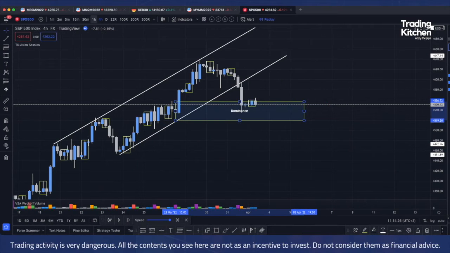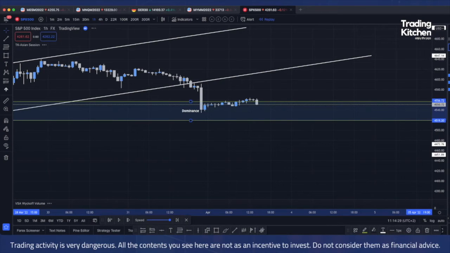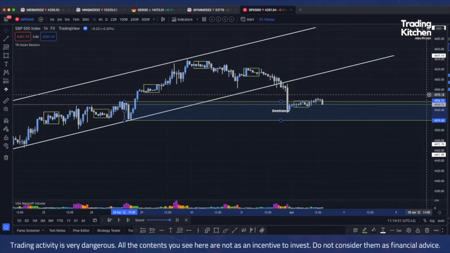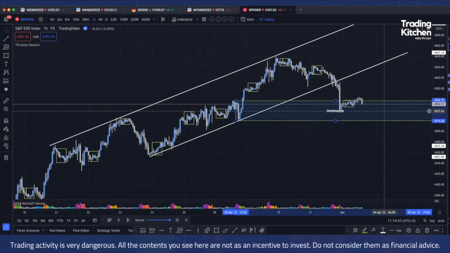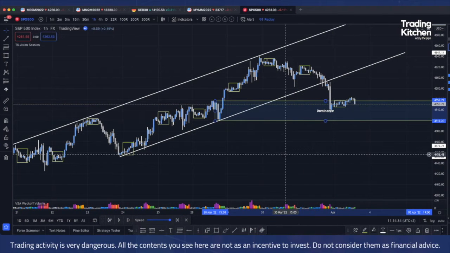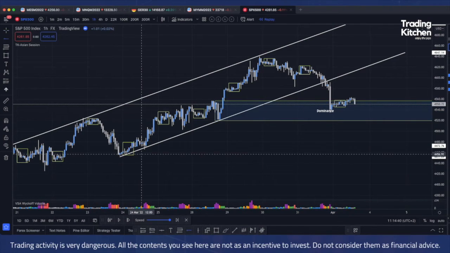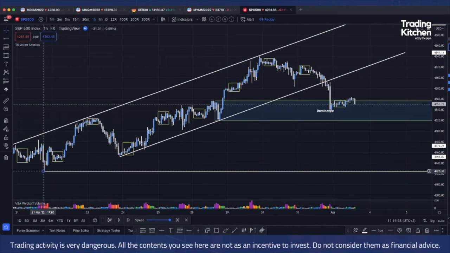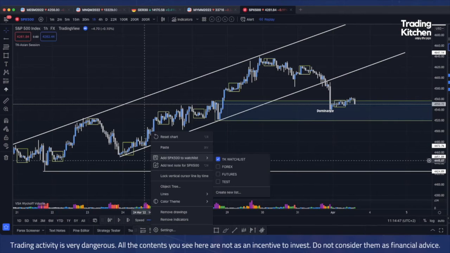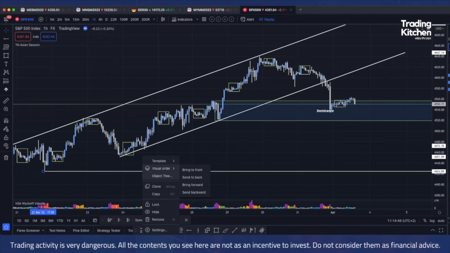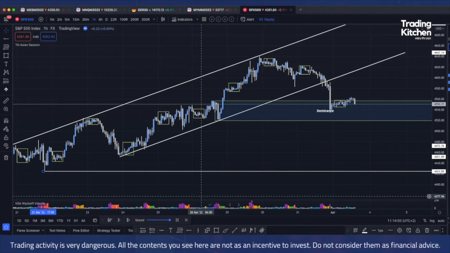The second thing that I do is identify the liquidity zones. You can find the liquidity zones by taking a look at the long tails, like this one.